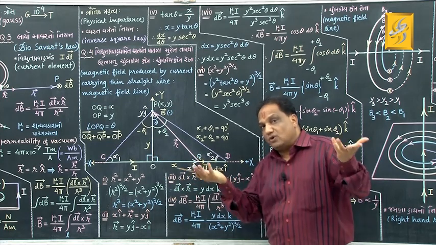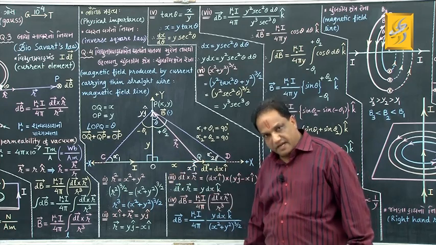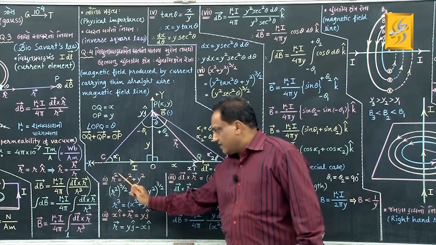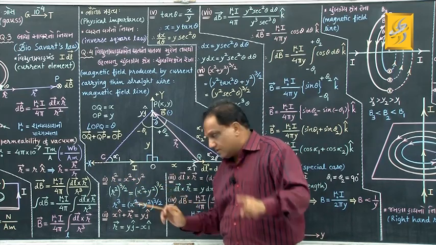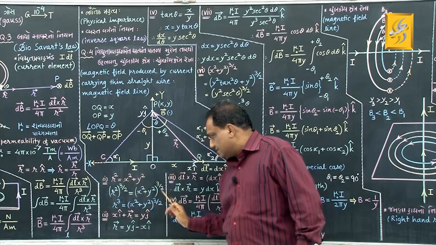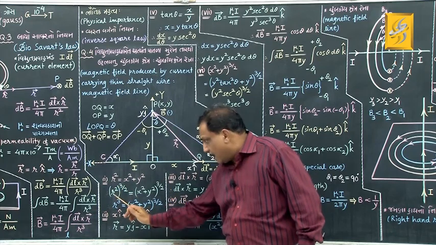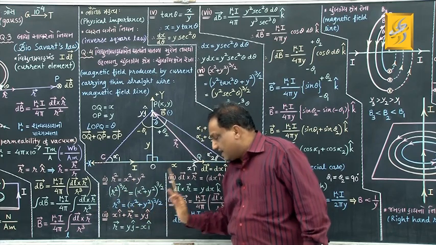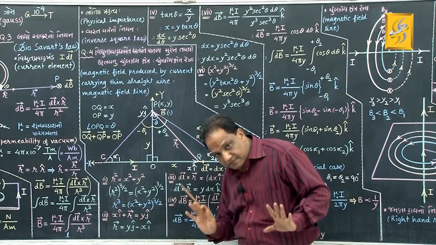Now you can apply the Pythagoras theorem: r square equals x square plus y square. Just take power 3 by 2 on both sides. Now this 2 will cancel, giving you r cube, and the right hand side as it is, x square plus y square whole raised to 3 by 2.